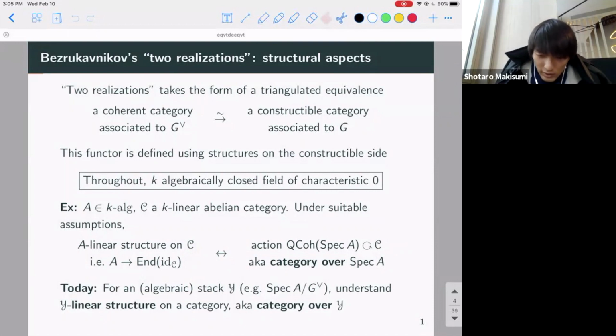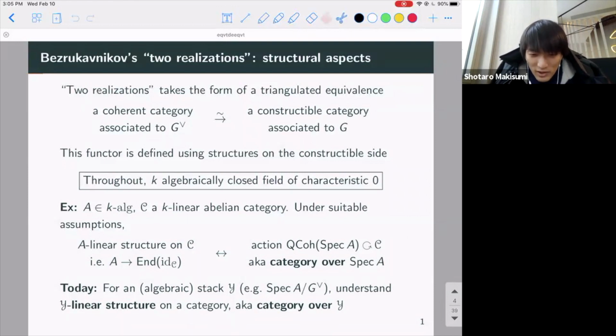The idea is, well, the A-linear structure tells you how morphisms from A to itself should act, and then every module you try to build out of copies of A. So another name for this kind of structure is a category over Spec A. Yes, it's basically by taking tensor products.